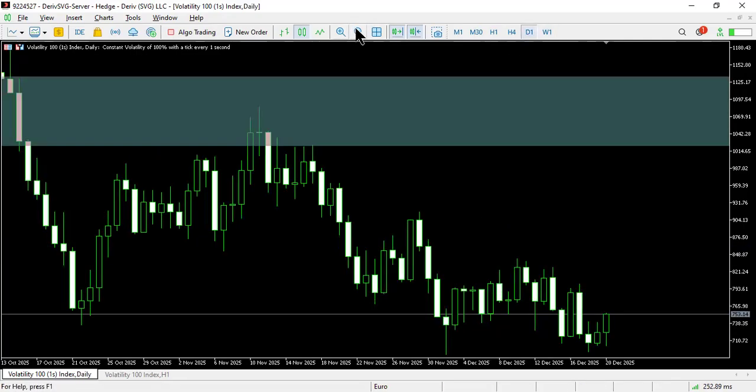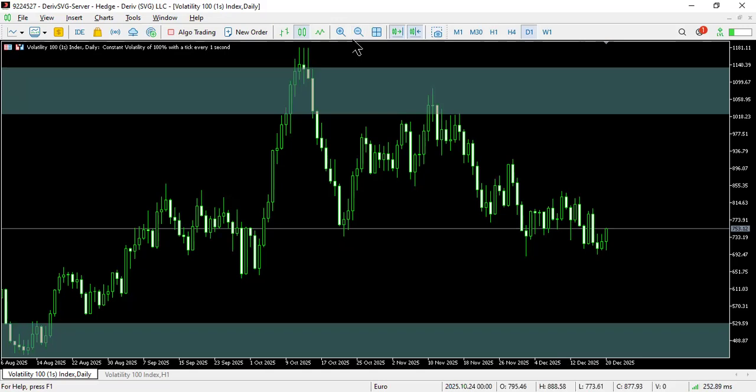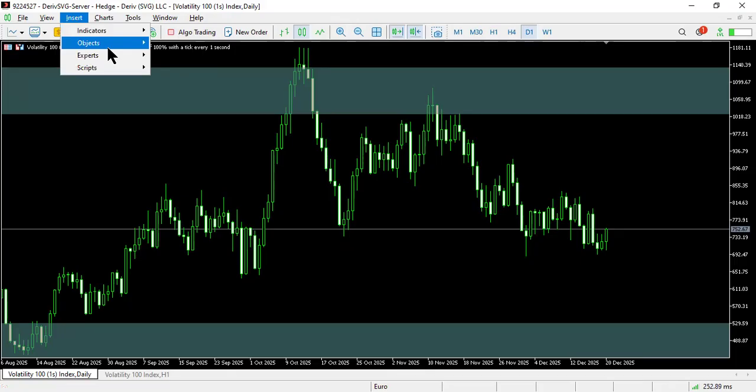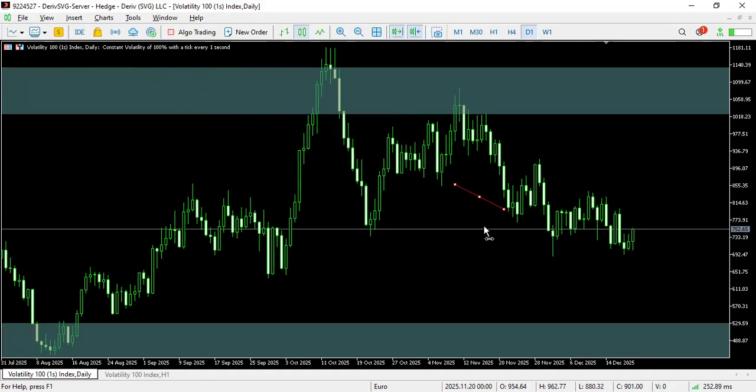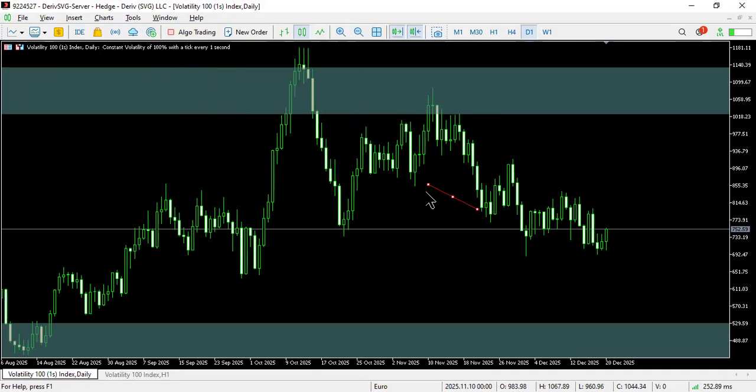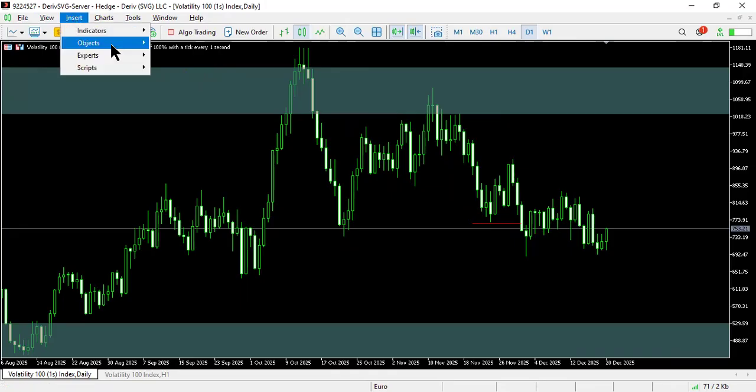If we go to the daily time frame, this is the most recent break of structure. That is the most recent break of structure to the downside.